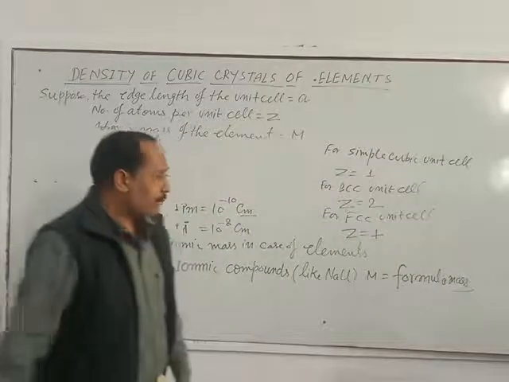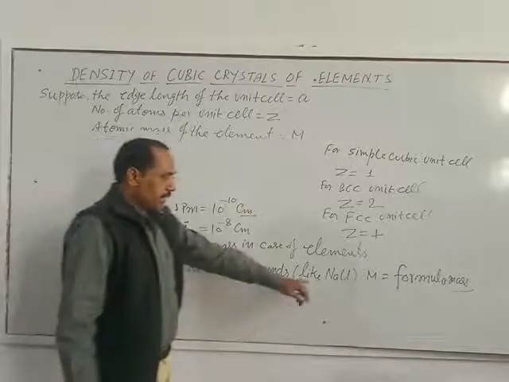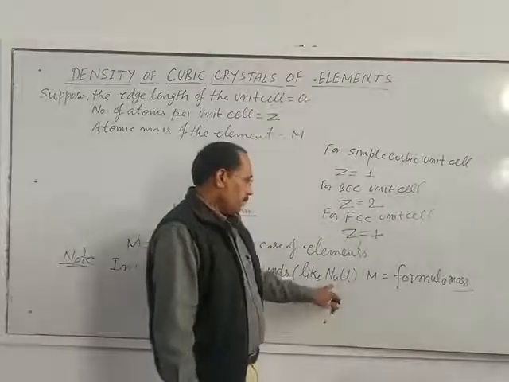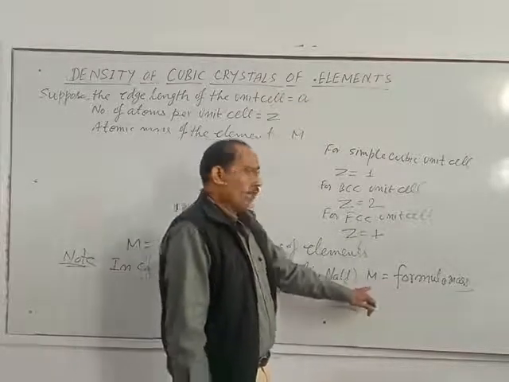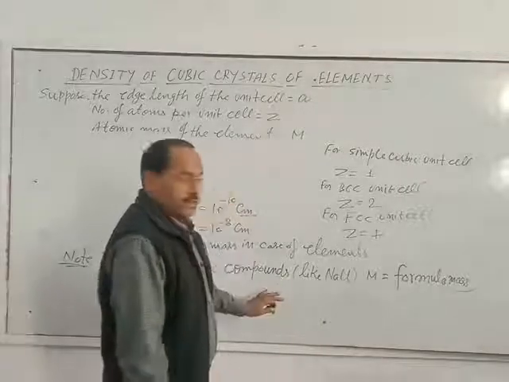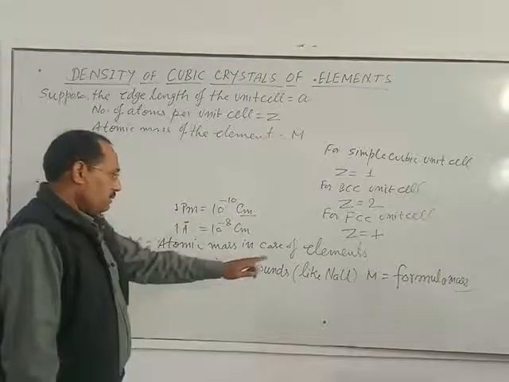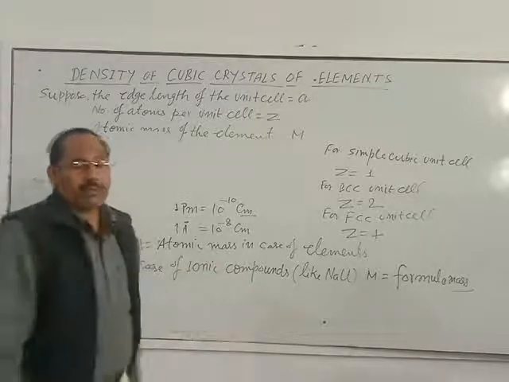In case of ionic compound, M represents formula mass of the ionic compound. For example, in case of NaCl, what is the value of M? 23 plus 35.5 means 58.5 is the value of M in case of NaCl. Just like this, M represents formula mass of ionic compound and atomic mass of pure element.